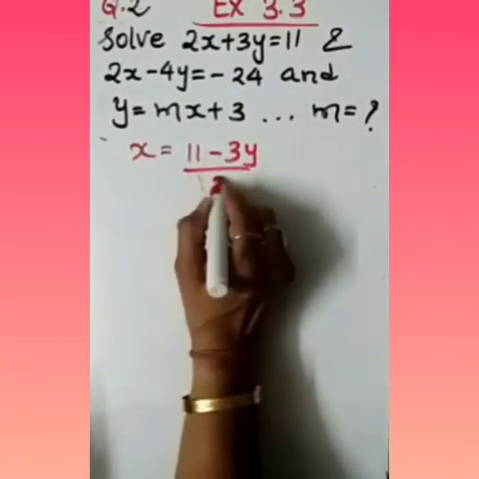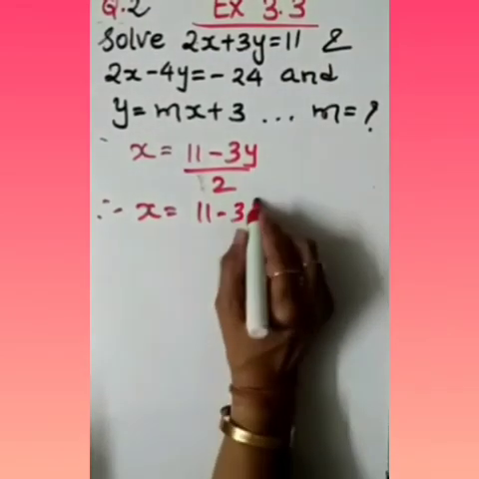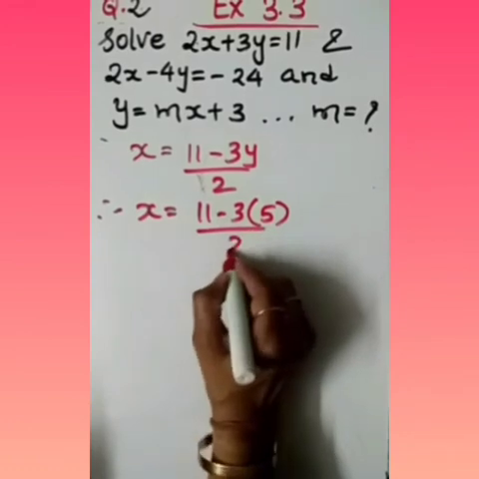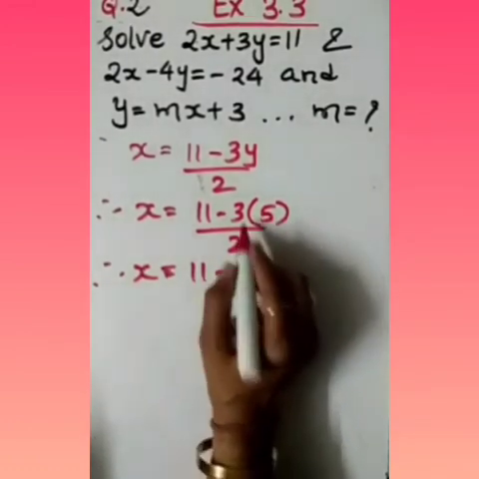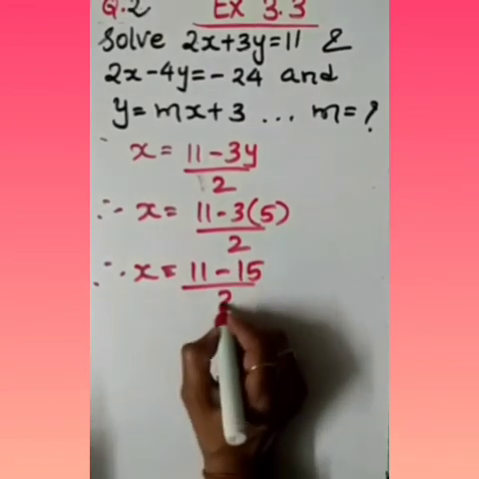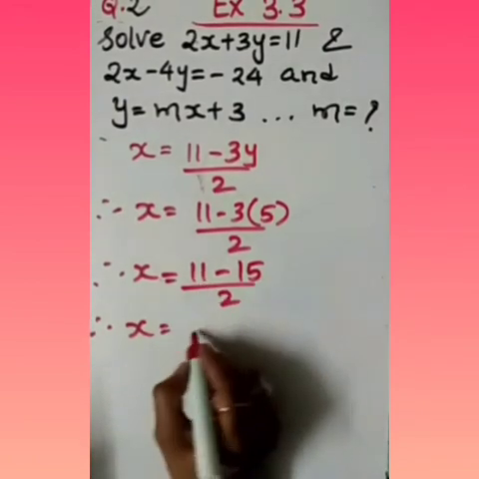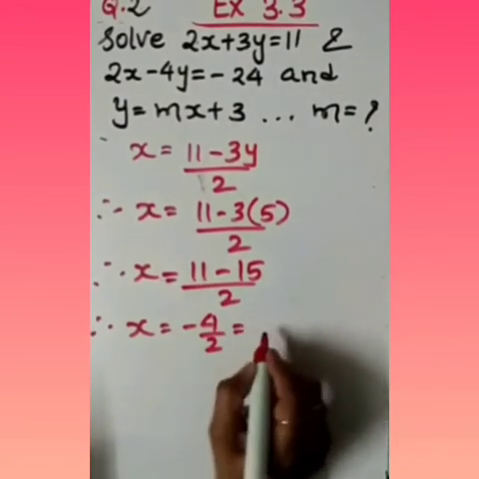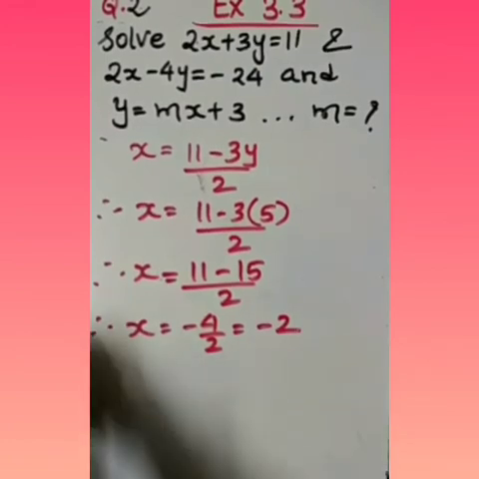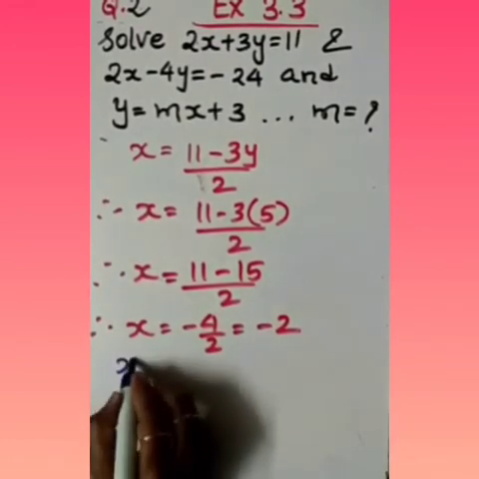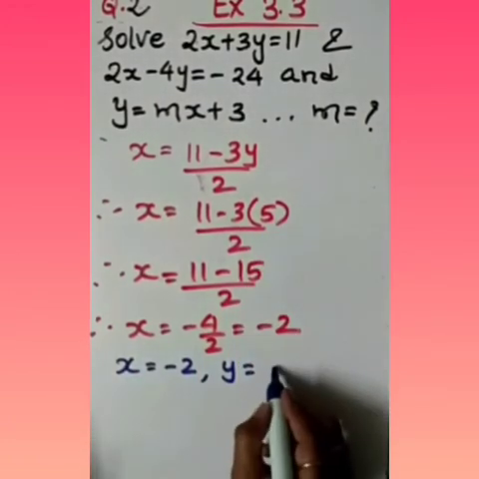In this equation, let me put the value of y, that is 5. And we know very well, 3 5s are 15. Therefore, x equal to (11 minus 15) by 2, which is minus 4 by 2. So, the value of x is equal to minus 2. So, finally, I should say the value of x is minus 2 and the value of y is 5.